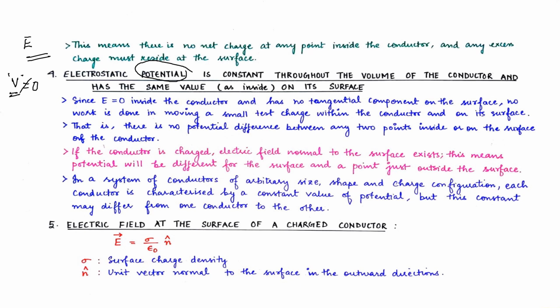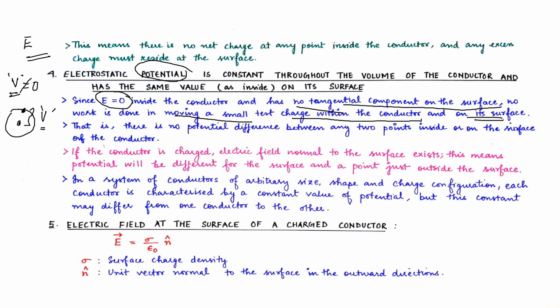So the potential, as this point says, inside and on the surface, over here and here, the value of potential is V. It is not 0. Since E is 0 inside the conductor, as we have read, and has no tangential component on the surface, no work is done in moving a small test charge within the conductor and on its surface.